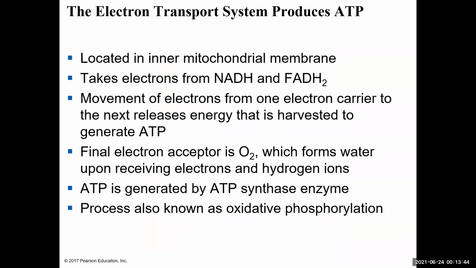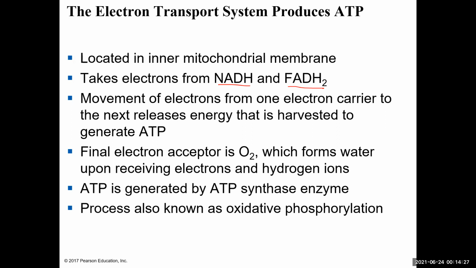And so now once we get to the final step, the ETS, the electron transport system, this is now on the inner membrane of the mitochondria. So remember we said it had 2 membranes. So this is on the inner membrane. So there are a series of proteins that are embedded in that inner membrane. And what happens is there are electrons that are removed from these NADH molecules and the FADH2 molecules, and those electrons provide energy to move hydrogen ions against their concentration gradient.